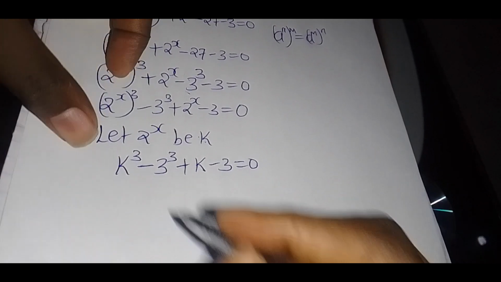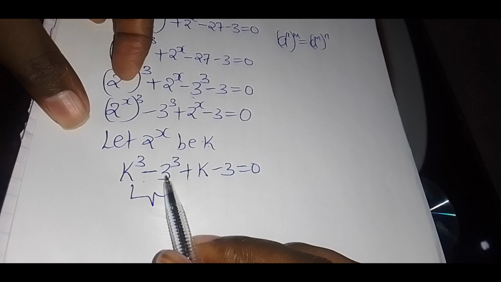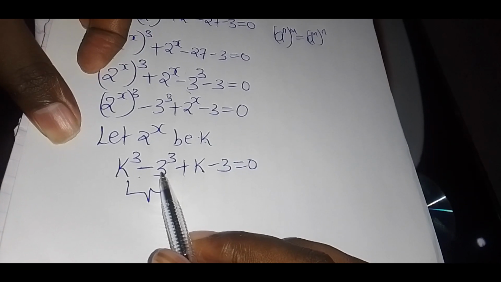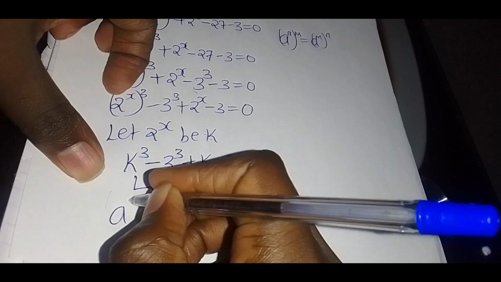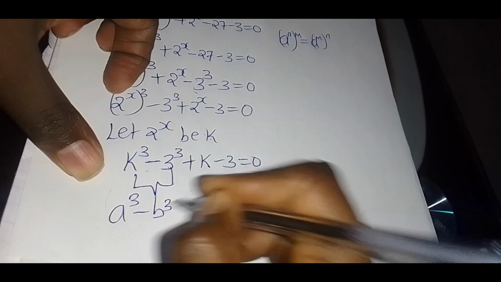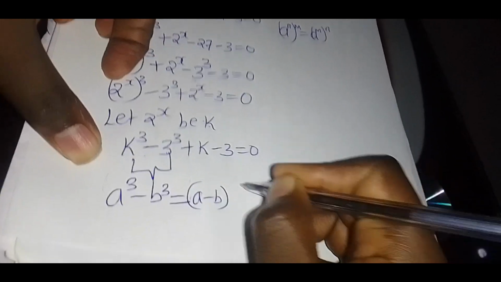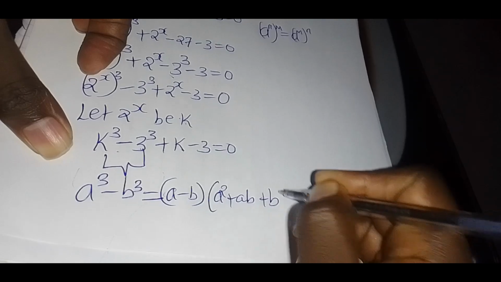Alright, so this part is the difference of cubes. We apply the difference of cubes identity, which is a cubed minus b cubed equals a minus b, times a squared plus ab plus b squared.